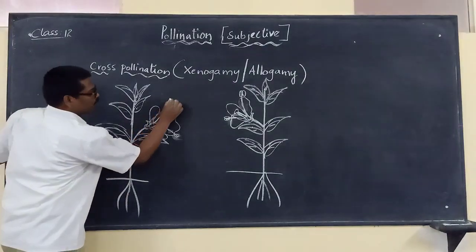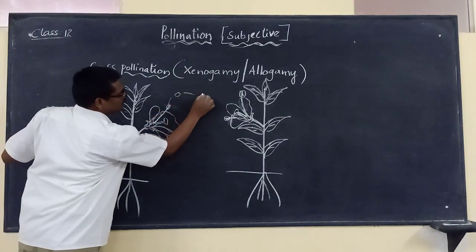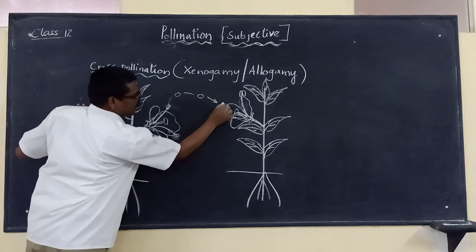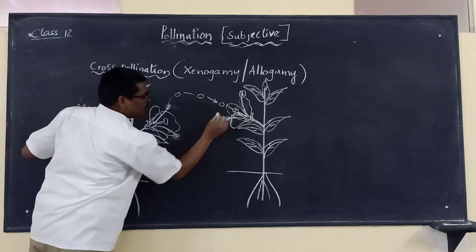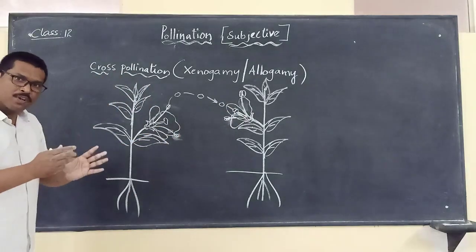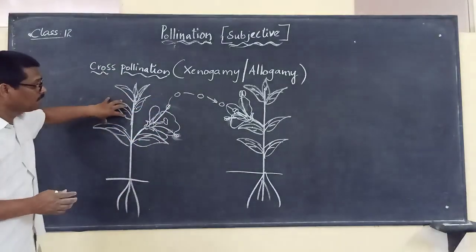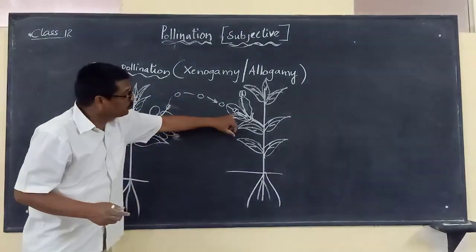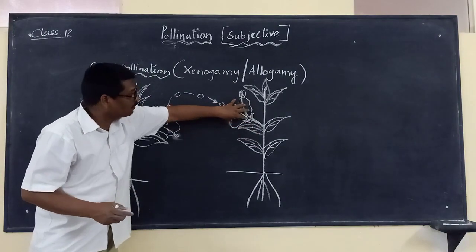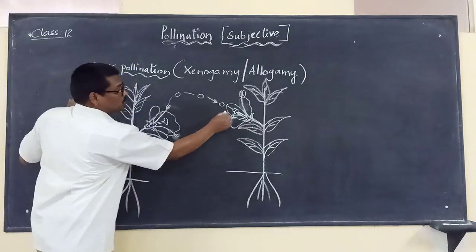Here are the pollen grains that are traveling through various agents. They come and fall on another flower. So if pollen grains are carried from the anther of one flower on one plant to another plant, to the stigma of a flower born on another plant.